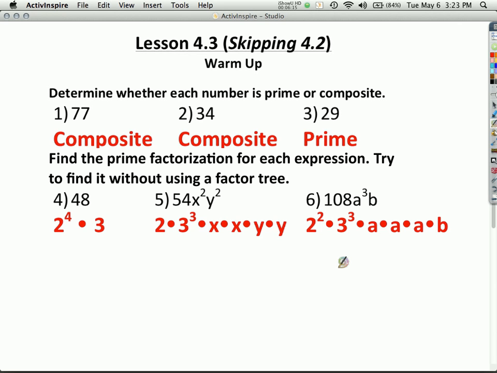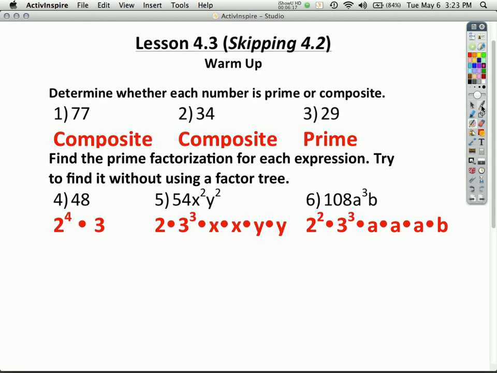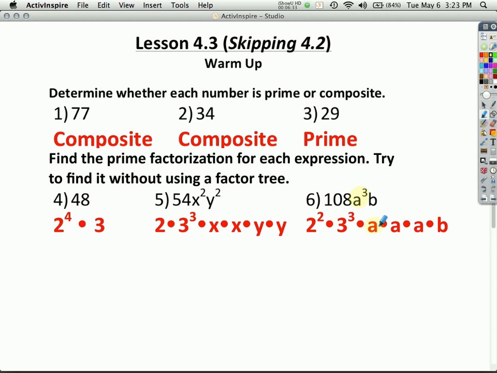So, I asked you to try and find the prime factorization without drawing the tree. Let's talk about one part of it, the variables. Let's look at number 6. What is the connection between this and this that would allow you to skip over the tree entirely? And I'm talking about not just my super high level students, I'm talking about everybody.